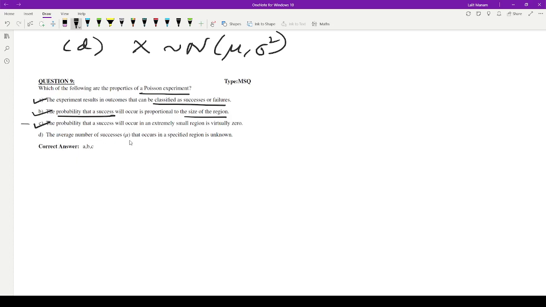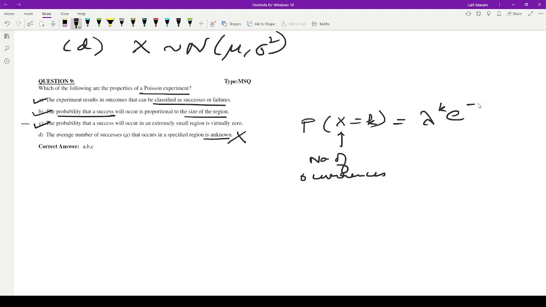And the average number of successes mu that occurs in a specified region is unknown. This is false. The Poisson distribution is given as the probability that a random variable x, which is what we are counting, the number of occurrences, equals a particular value k, is given by lambda to the power k, e to the power minus lambda, upon k factorial.